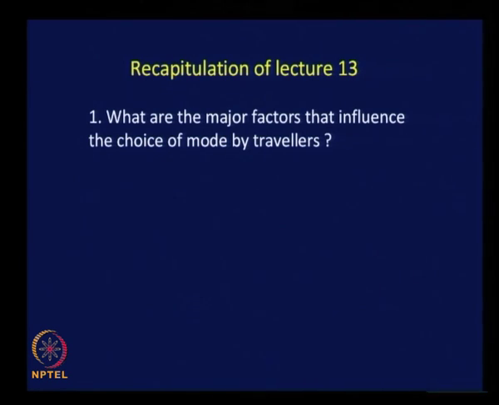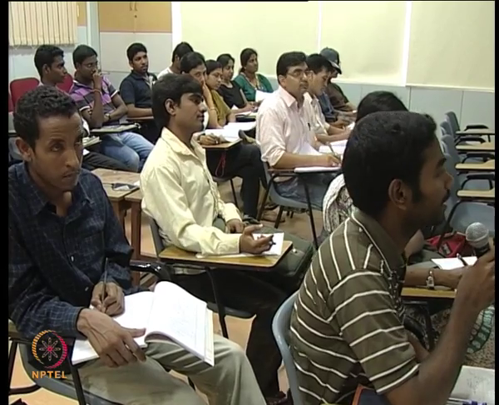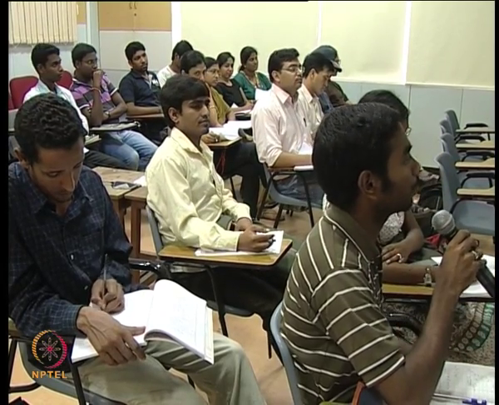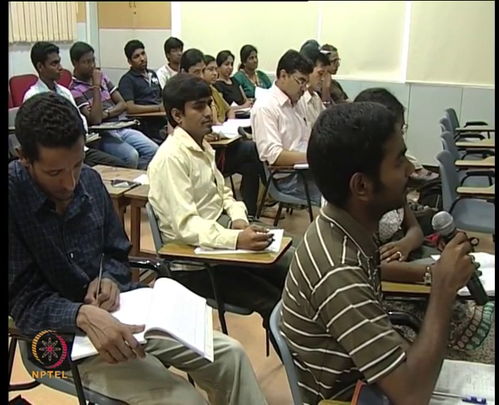Major factors that might influence mode choice of travelers. I will give a clue. We have identified three major factors. What are they? Yes? Socioeconomic characteristics of the trip makers, level of service and the technical characteristics of the particular mode, and the trip characteristics itself. Very good.